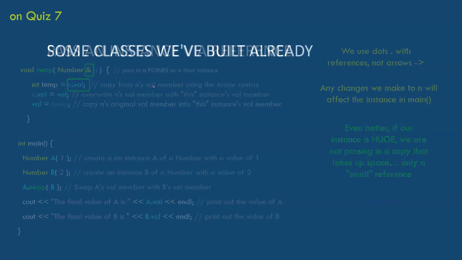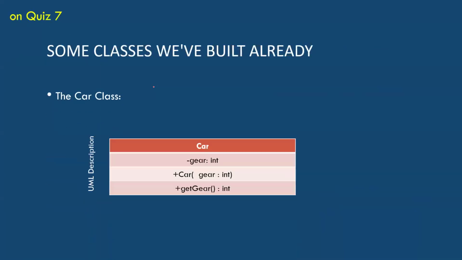Easier to change, okay? So here's some classes and UML. You're going to have a little bit of UML. I'll just flash over these quickly. But basically, minus means private, plus means public, okay? So private data member, public constructor, public method, okay? And the int is what type that data member is.